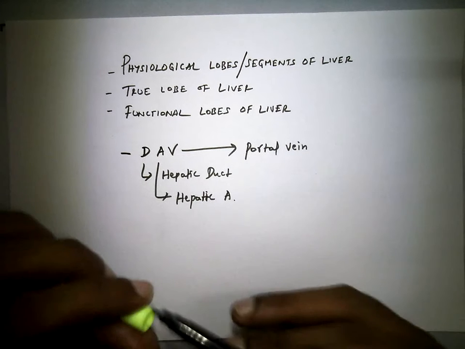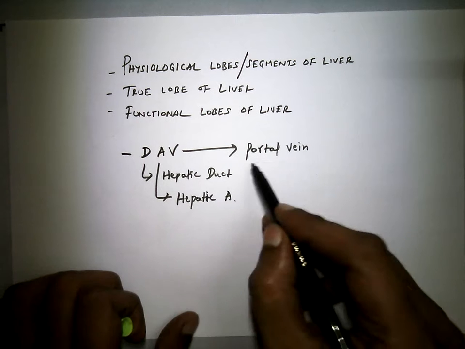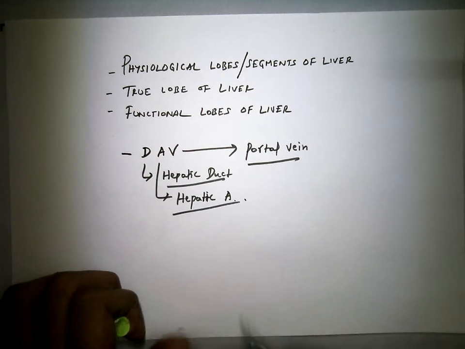So the physiological lobes or segments are based on the confluence of these three structures.